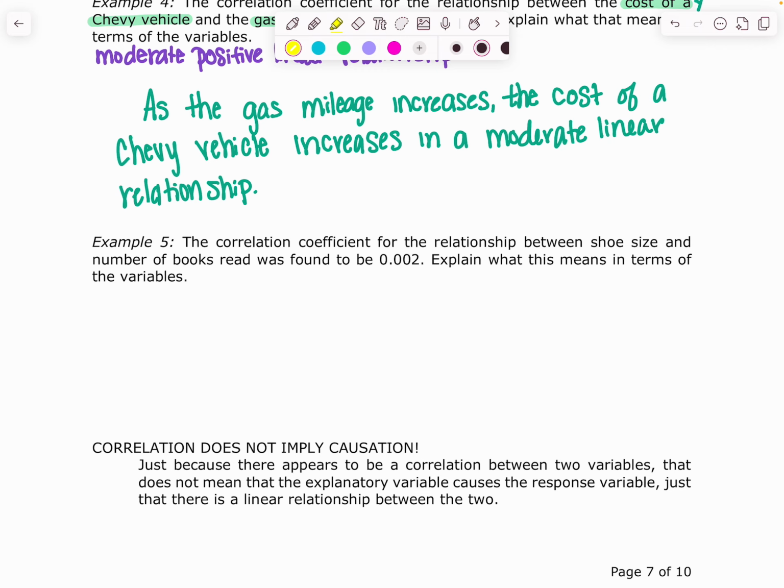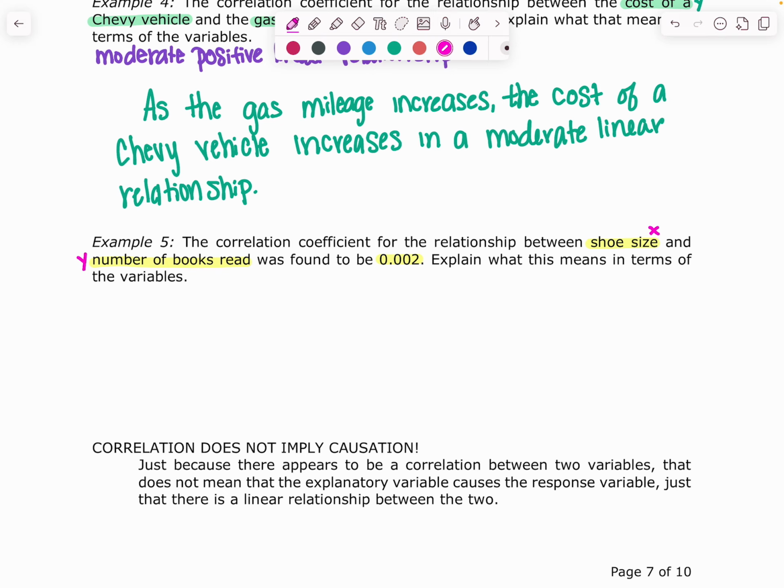So we're looking at shoe size and number of books read. Is shoe size affecting the number of books you read, or are the books you read affecting your shoe size? Well, you can't really control your shoe size, so that has to be X, and then the number of books you read would be Y.